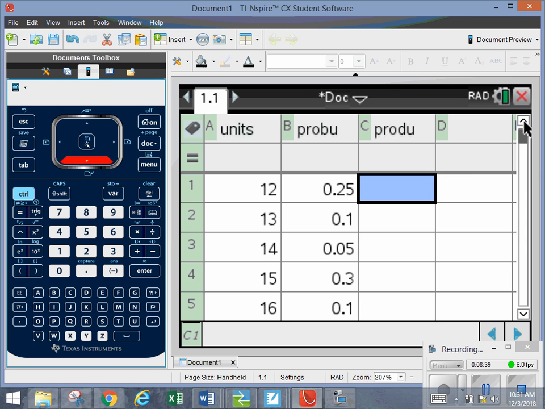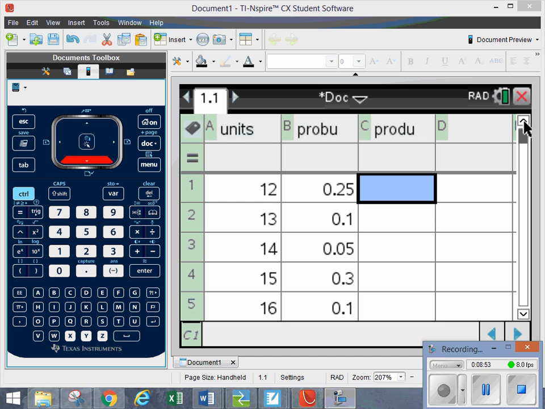And again, at first you're like, why wouldn't you just have put all that stuff in the calculator in the first place? The reason is because for our expected value, or our mean, it's really easy to make that calculation, but it gets pretty complicated when you are finding your standard deviation.